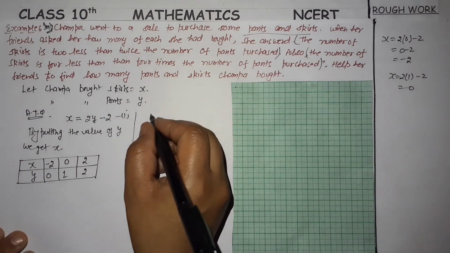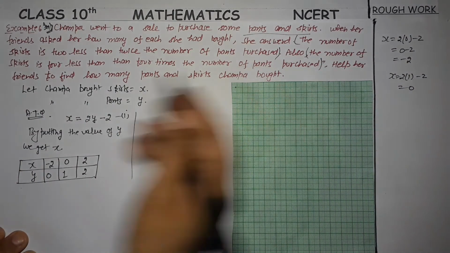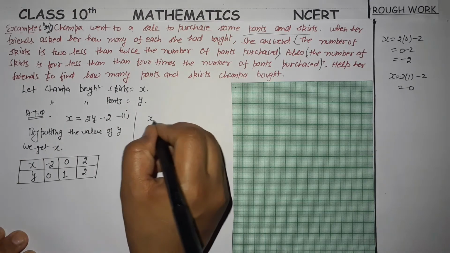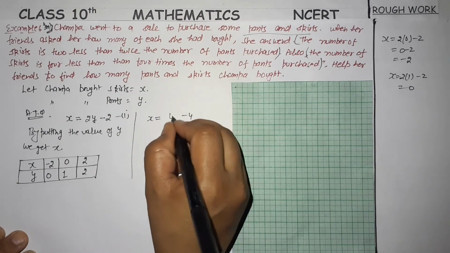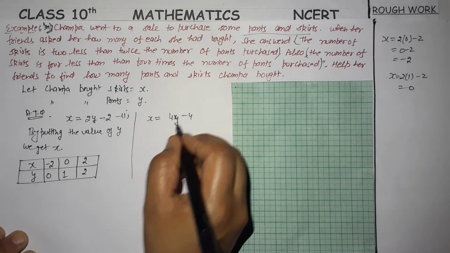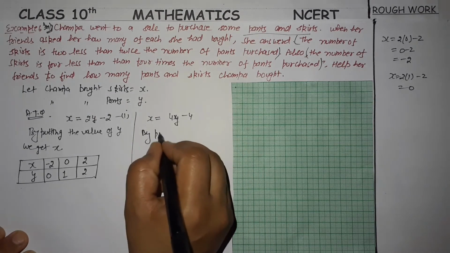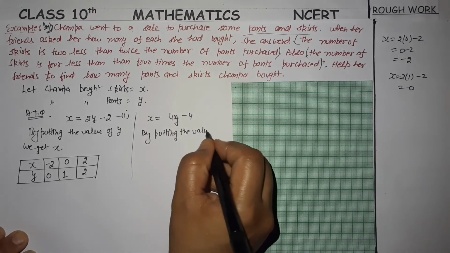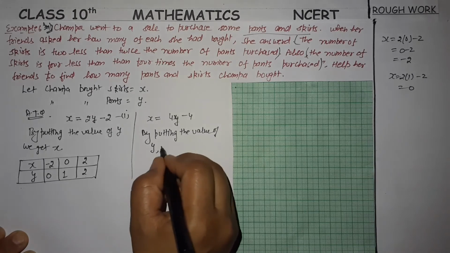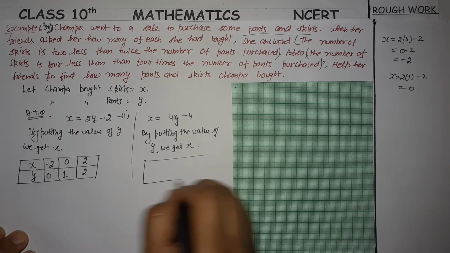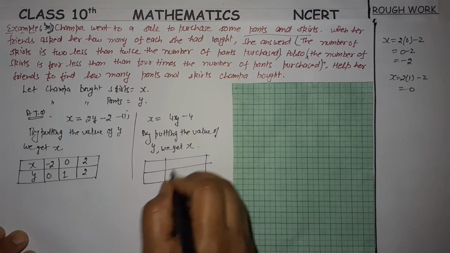Next one, equation second. Also, the number of skirts is 4 less than 4 times the pants she purchased. Same. By putting the value of y, we get x. Make a box.